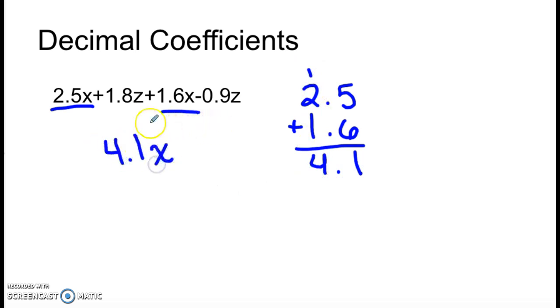4.1x. And then we have positive 1.8z and negative 0.9z. Different signs, we subtract. Again, if you're not sure why we're subtracting, go back to your P&N chart.